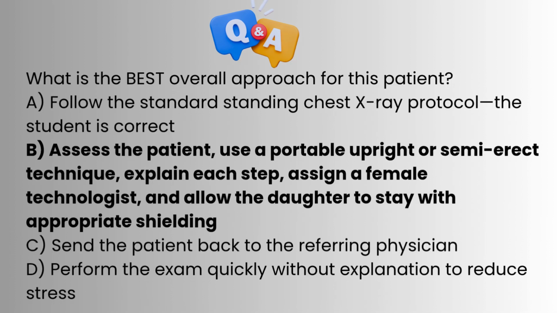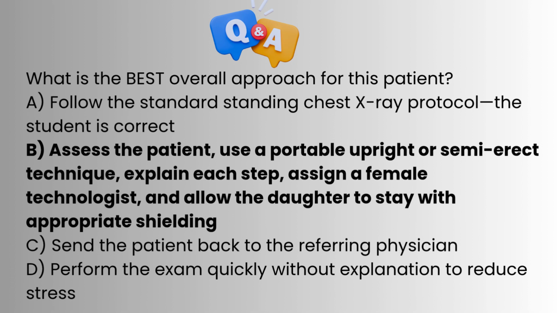Now we have the last question, and the last question is, what's the best overall approach for this patient? And I will pick: assess the patient. That's the first thing. Use a portable upright or semi-erect technique. Explain each step. Assign a female technologist and allow the daughter to stay with appropriate shielding.